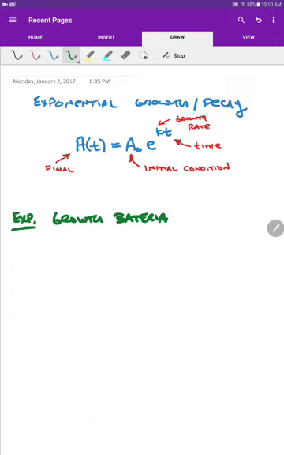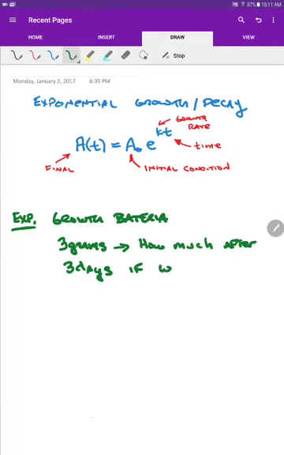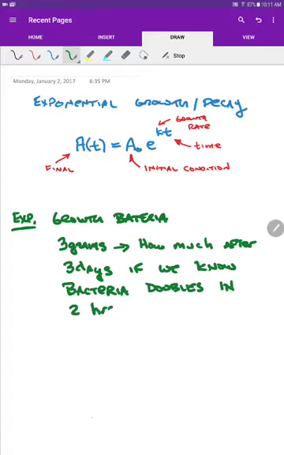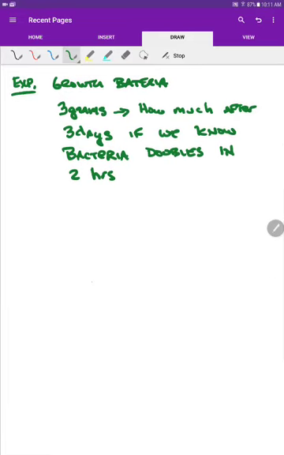Say we have 3 grams of this stuff, and we want to know how much there is after 3 days, if we know this particular bacteria doubles in size every 2 hours. Okay, so that's our problem statement.